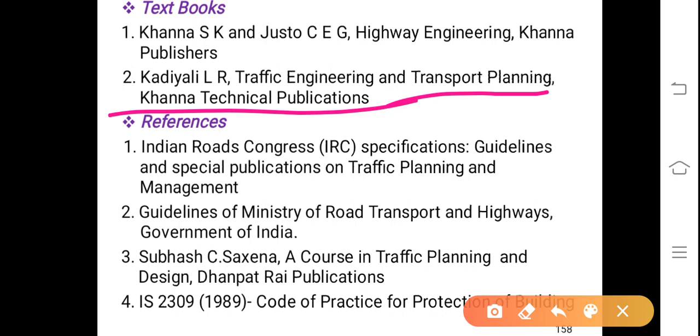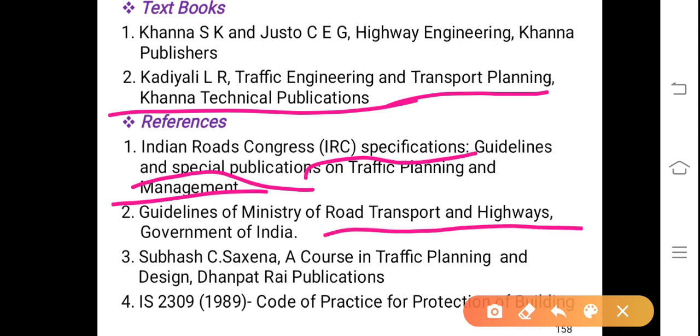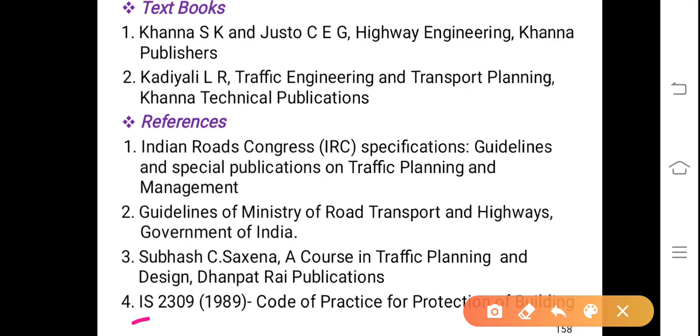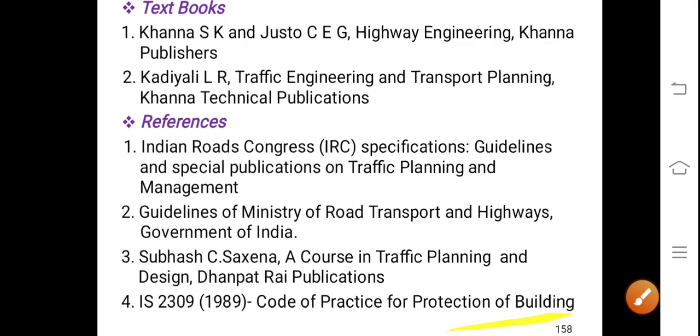Other reference books: Indian Roads Congress IRC Specifications, Guidelines and Special Publications on Traffic Planning and Management, Guidelines of Ministry of Road Transport and Highways, Government of India, Subhash C. Saxena, A Course in Traffic Planning and Design, Dhanpat Rai Publications, and IS Indian Standard 2309/1989 Code of Practice for Protection of Building. These are the various books, textbooks and reference books being used to prepare these PPTs.